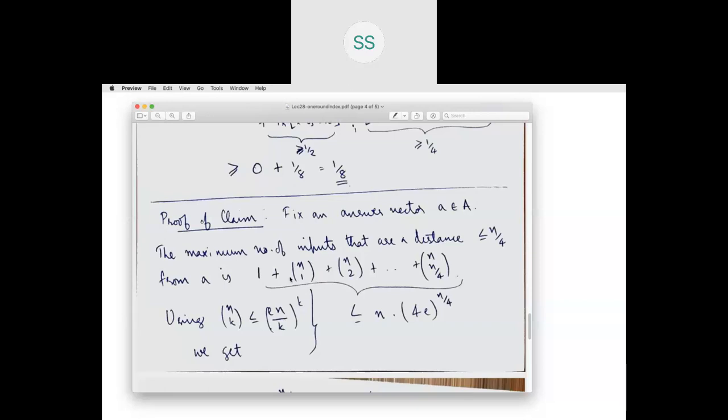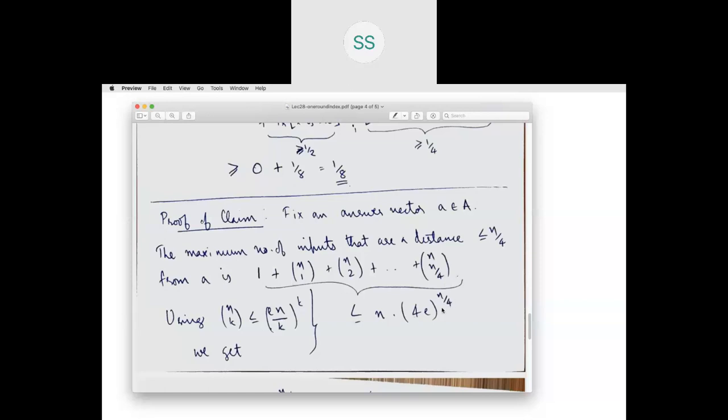So there are n choose 1 vectors which are at a distance 1, and n choose 2 vectors which are at a distance 2, because you can pick 2 bit positions, and n choose 3 vectors which are at a distance 3, and so on till n choose n by 4. Now this particular summation is upper bounded by n times 4e whole power n by 4.